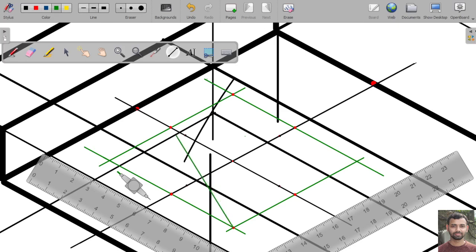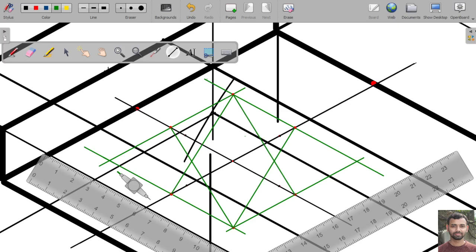So from this point it will be connected up to this point. Okay, and from this point it will be connected to this point. Similarly, from this point it will be connected to this point, and from this one it will be connected to this midpoint.